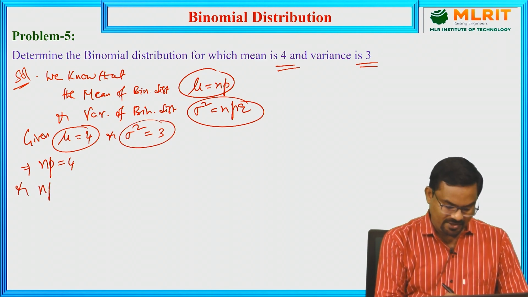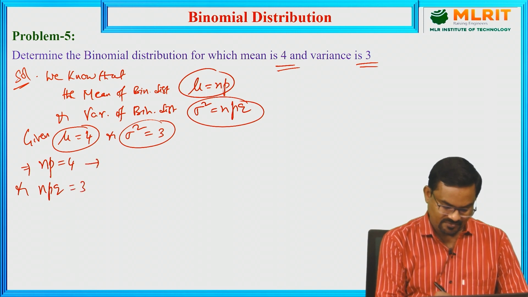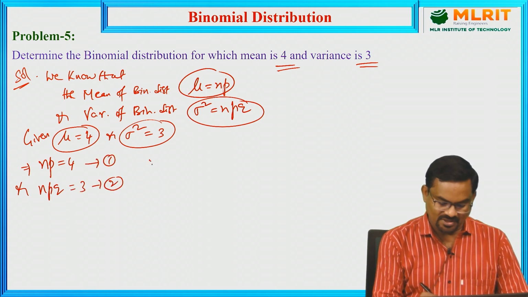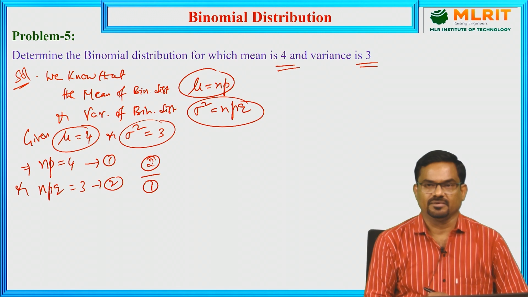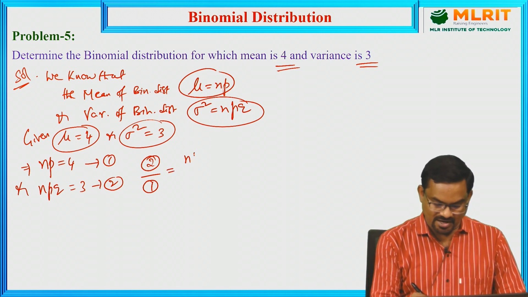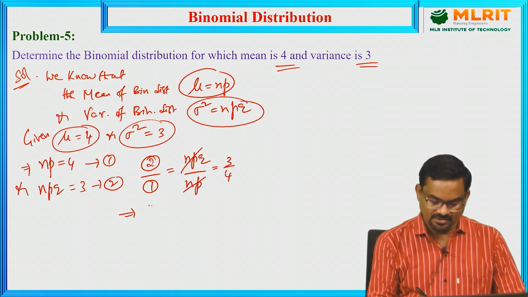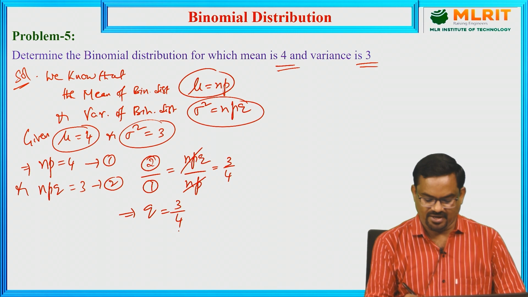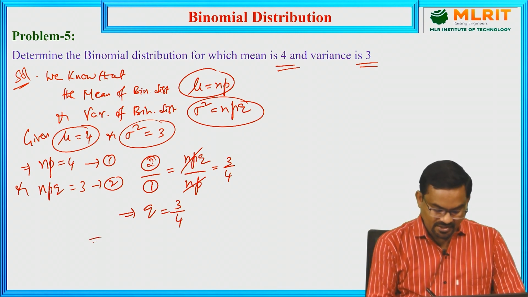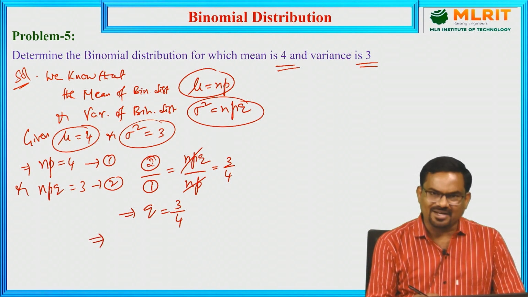This is equation 1, this is equation 2. Let us divide equation 2 by 1. So npq by np gives 3 by 4. Here np gets cancelled. So we got the probability of failure q equal to 3 by 4. If you have q, you can calculate p also.